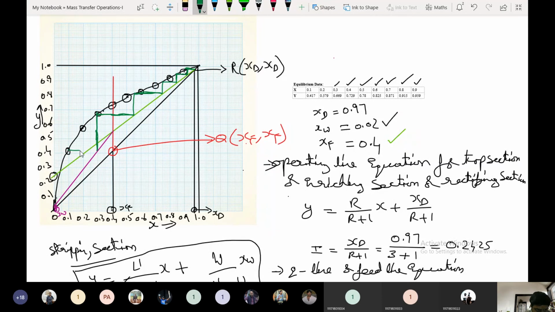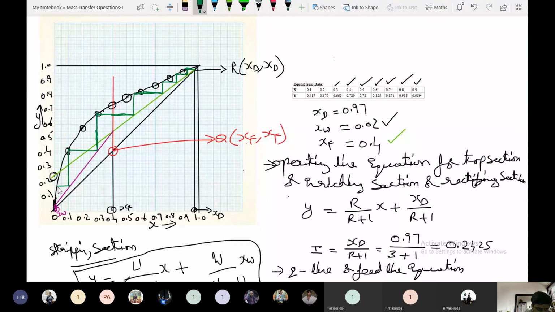So it will be like this up to the equilibrium curve, and from this one, this will be your operating line. After the intersecting point, you don't have to take this green line, which is the rectifying section line. Up to the stripping section line you have to draw, and next one you have to draw like this. Then the next plate will come like this.